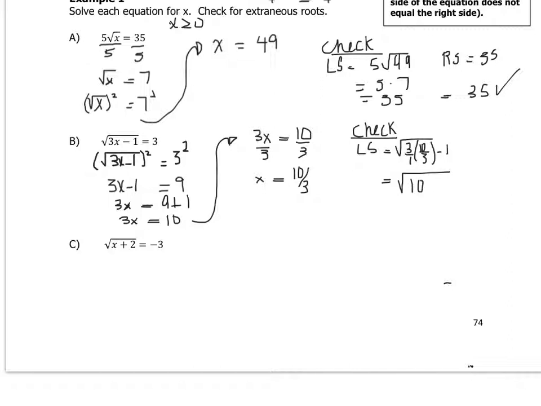So the square root of 10 minus 1, because that square root goes over the whole thing, and that would be the square root of 9, which is 3. And the right side of the original equation is 3, so therefore 3 equals 3, and it's not an extraneous root, it is a solution. So x equals 10 over 3 would be the solution.